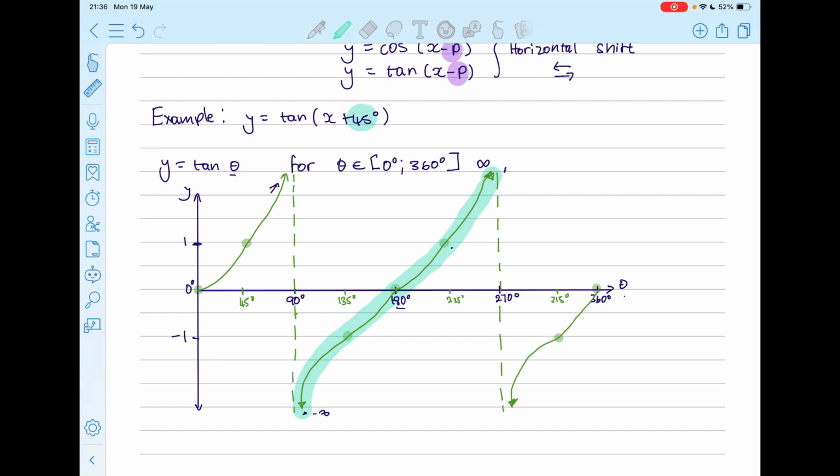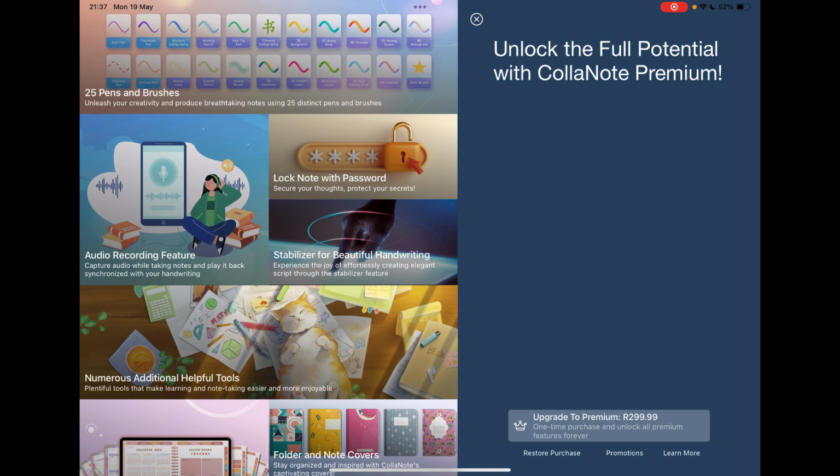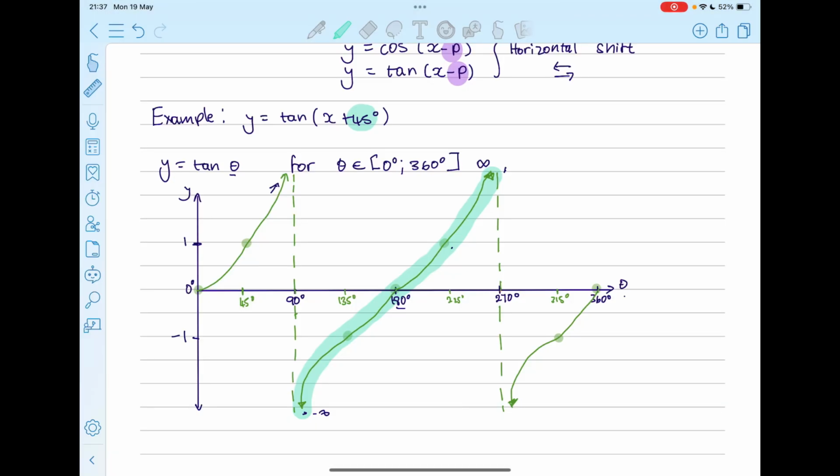So that complete shape there requires 180 degrees, and we can see that's between 270 and 90. So that's how we're able to determine that. And that cycle continues, and you have an asymptote every 180 degrees beyond 0 degrees and also beyond 360 degrees.